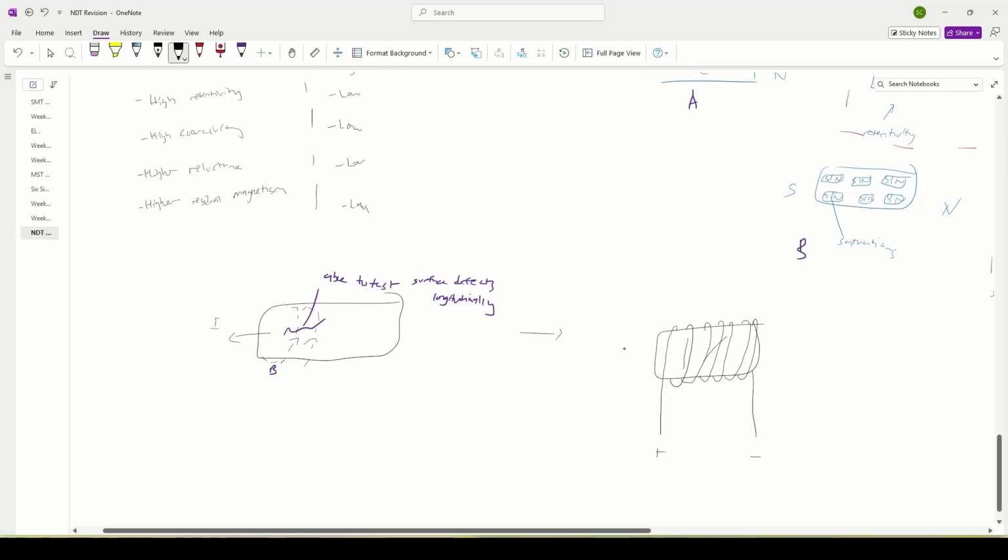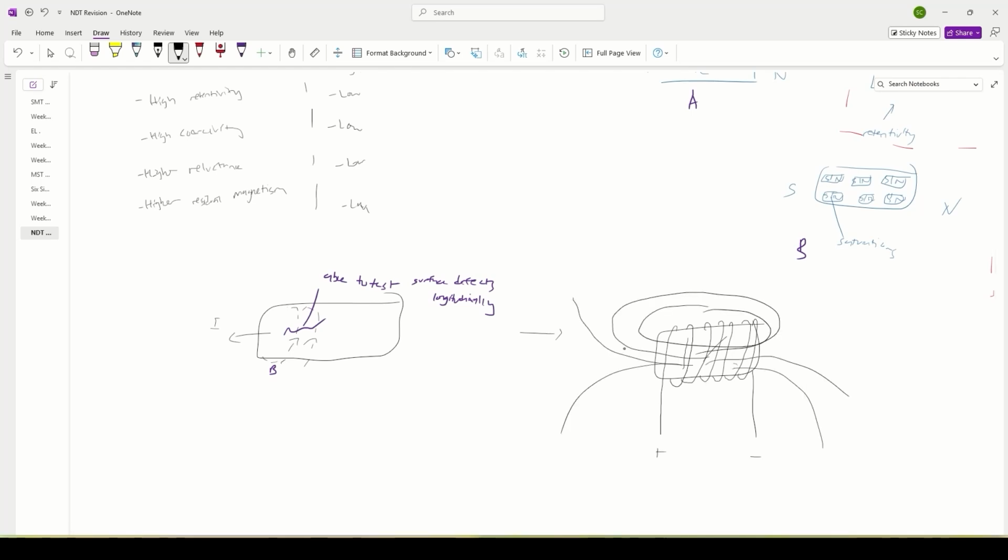So our magnetic field direction would be here, and the defects that are oriented perpendicular to the magnetic field will be able to be detected. So this is the B field here. This way it cuts through the material. Most importantly, it's whether our B field can cut through the defect.